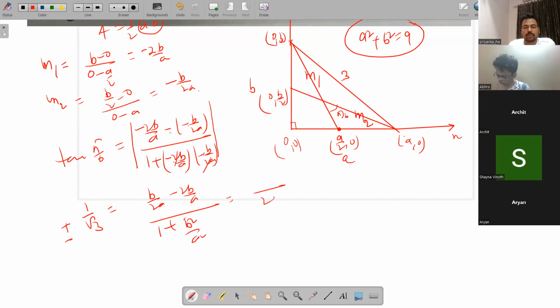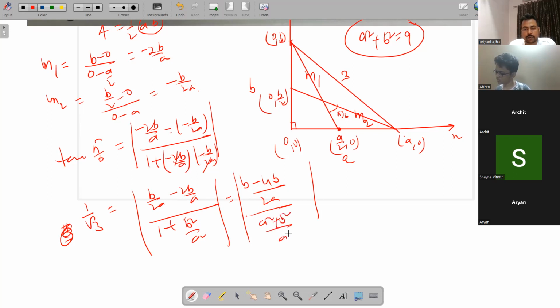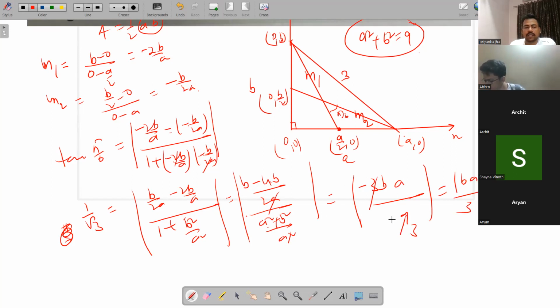Take LCM here. 2A is the LCM, B minus 4B. Do not take away mod, let it be here only. And here it is A square plus B square upon A square. A gone. You can see that this is minus 3B. Minus 3B, A will go up, like this, upon A square plus B square. You already have A square plus B square as 9, mod. Now you can see that this is mod of BA upon 3.